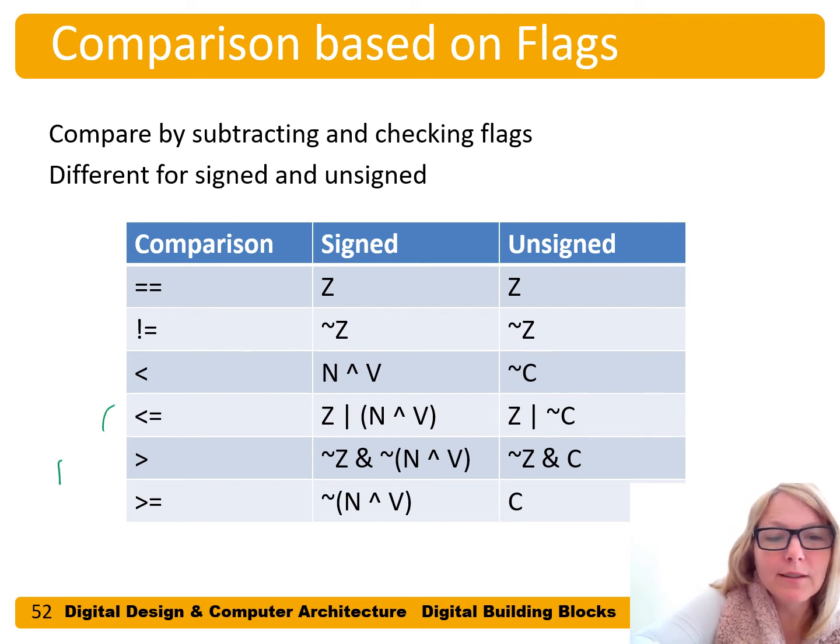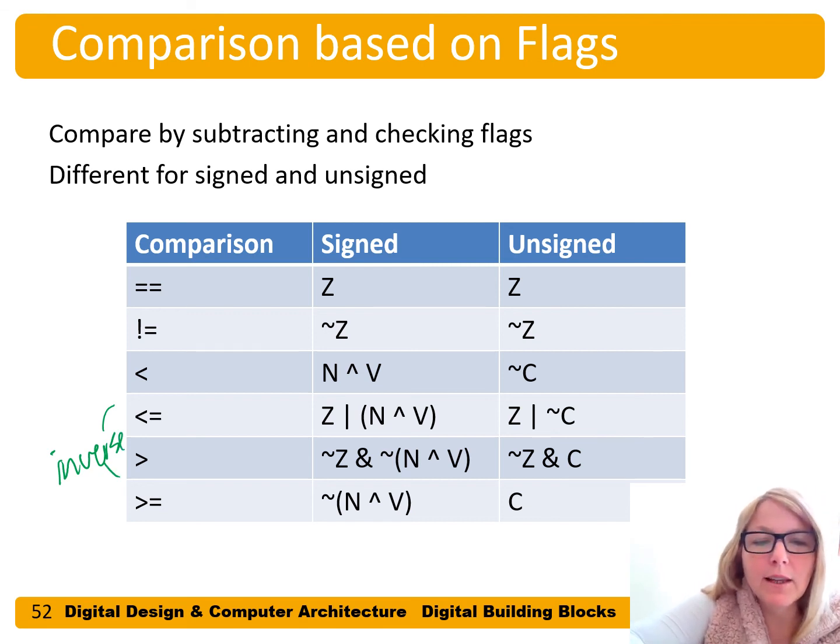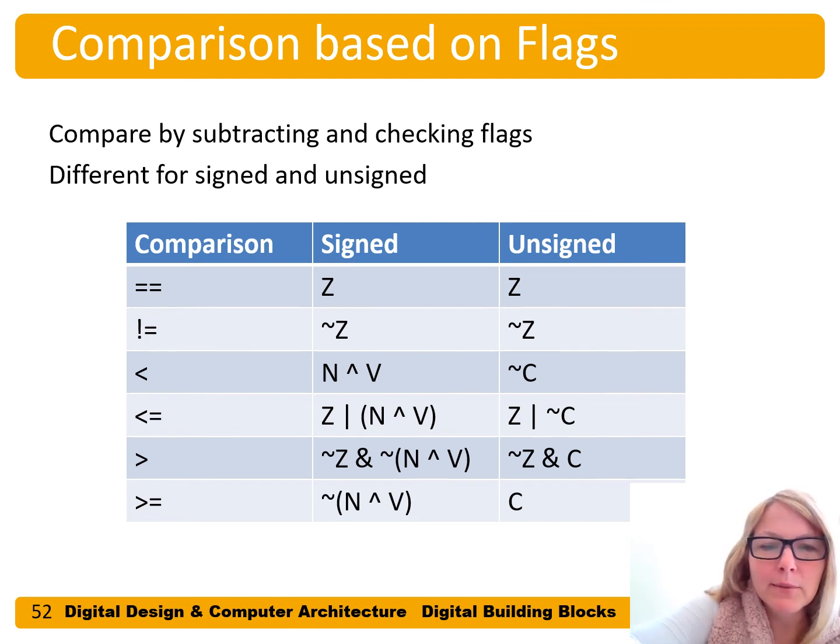These have the inverse relationship, less than or equal to, and greater than have the inverse relationship, right? If it's not less than or equal to, it means that they have a greater than relationship, right? If A is not less than or equal to B, it means that A is greater than B. And so we take this and we invert it.